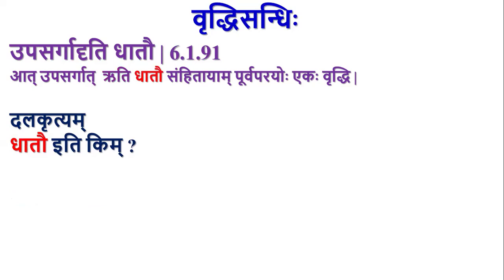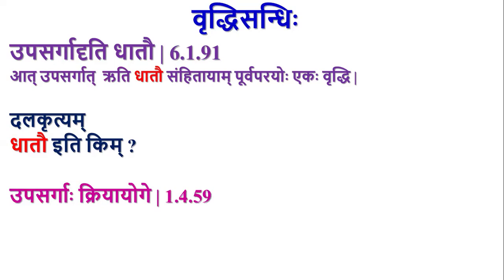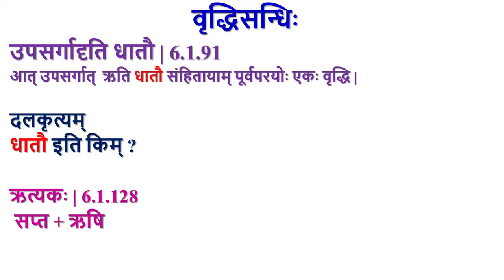Dhatau iti kim? So that rukara should be of a dhatu, otherwise it is not applicable. Usually, upasarga means when they are used along with a dhatu. Upasargas are always used with dhatu, but there is a sutra called rutyakah, by which there will be prakriti bhava, like sapta plus rushi.